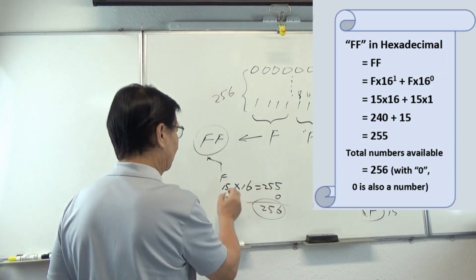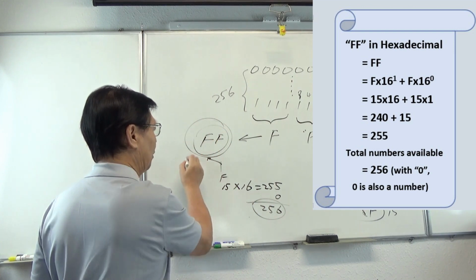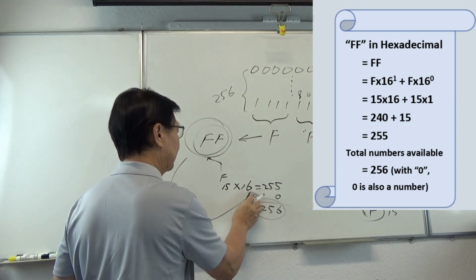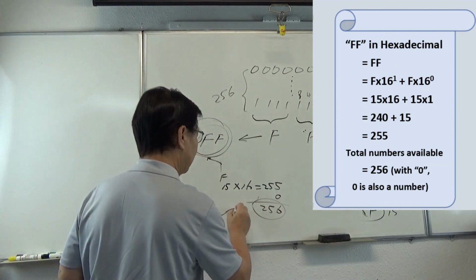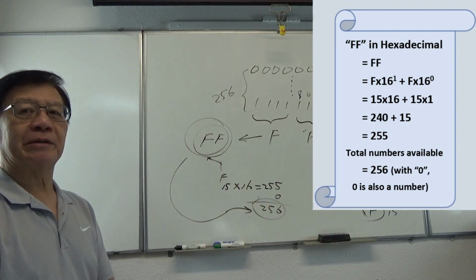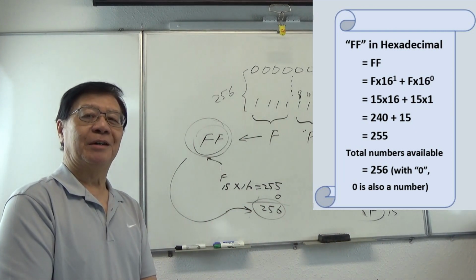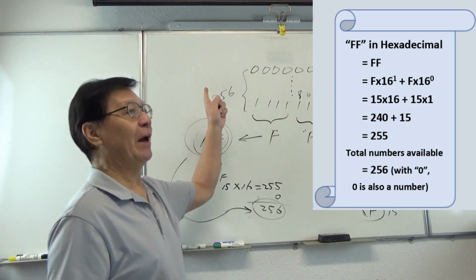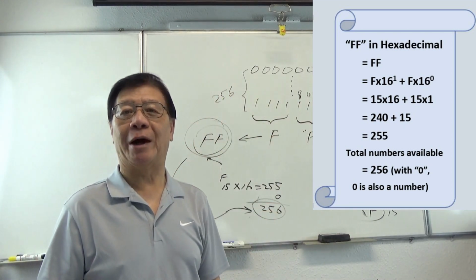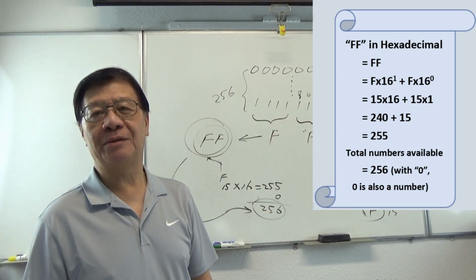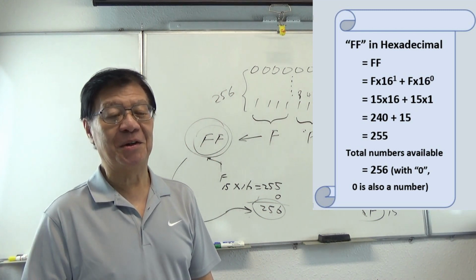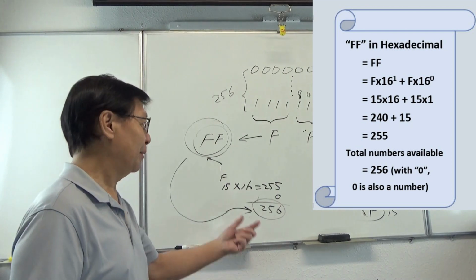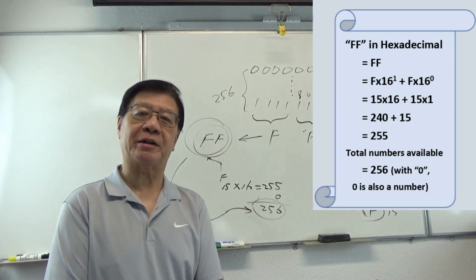And plus 0, that means this represents 256. So we simply write down FF instead of 8 digits of 1 or 0. That's easy, right? Because it's easy to tell. So remember, FF means 256 values.